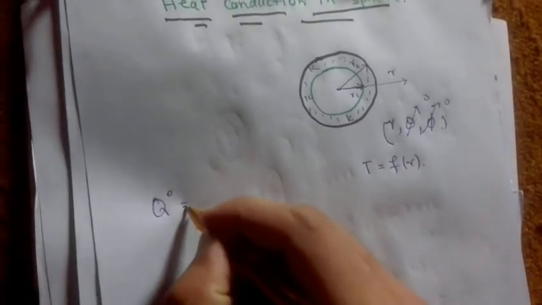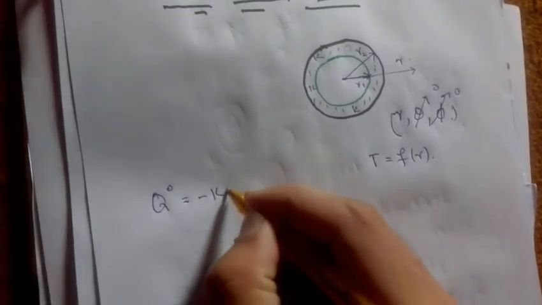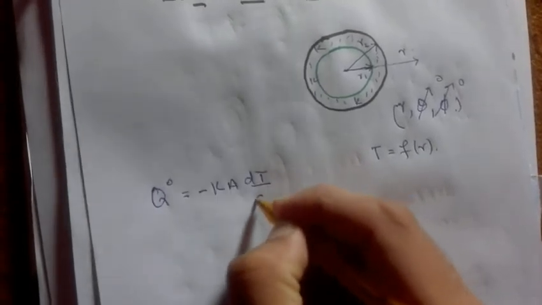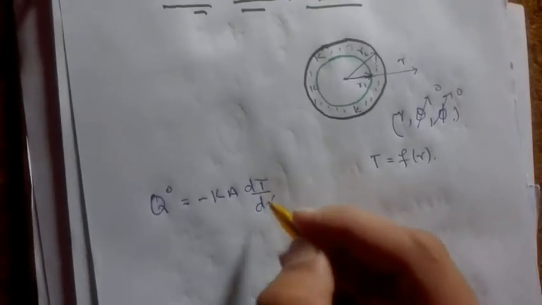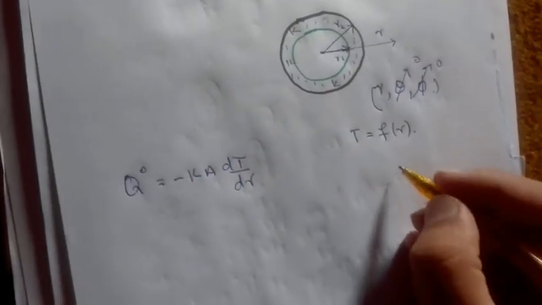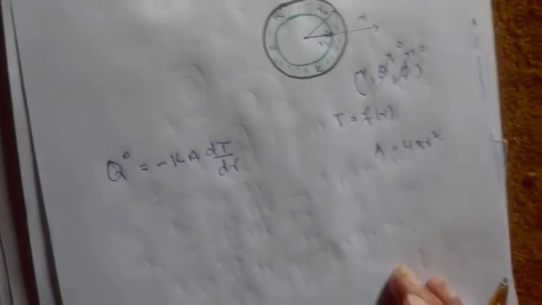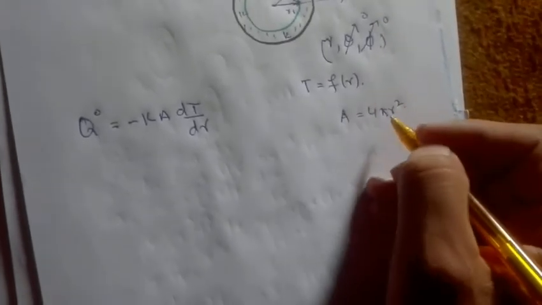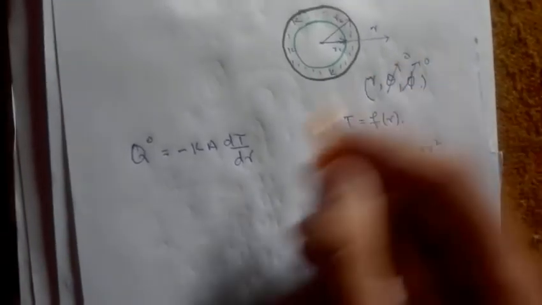From Fourier's law we know that the heat rate is equal to minus kA dT by dr, as the heat transfer is only in the radial direction, and the area of the sphere is 4 pi r squared. So when the radius changes, the area changes.